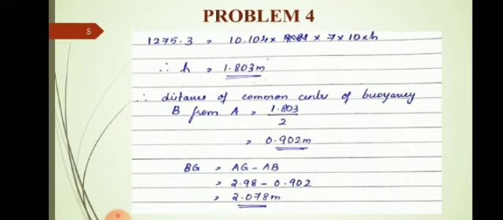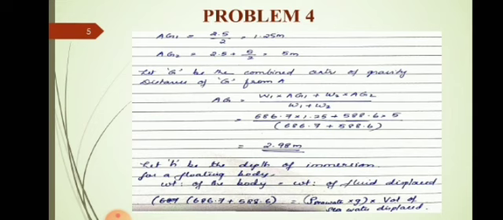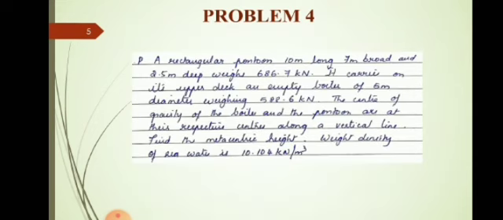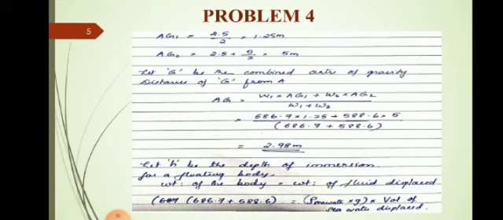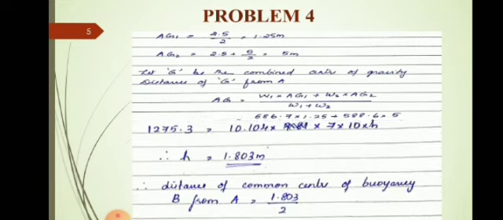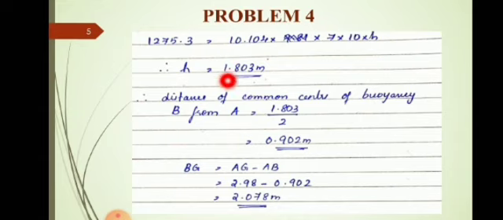1275.3 is equal to, now in the question I have mentioned that it is the weight density. 10.104 is the weight density, that is, in the equation what is given is rho g. The rho g value is 10.104, so you don't have to multiply with 9.81 here.